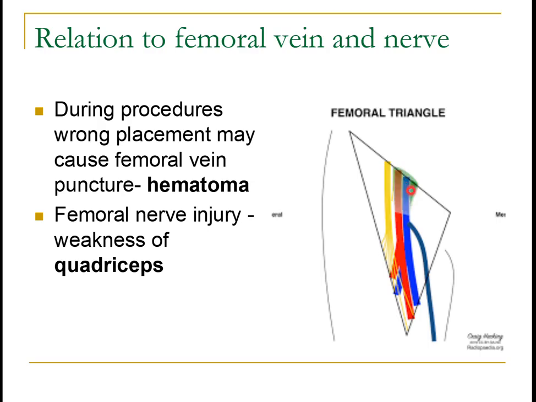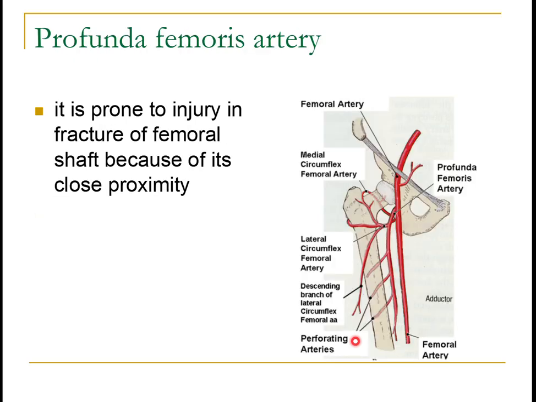So the femoral vein is present medial to the femoral artery, whereas the femoral nerve is present lateral to the femoral artery. If there is an injury to the femoral vein, this can result in hematoma, whereas if there is an injury to the femoral nerve, this can result in weakness of the quadriceps femoris, because the femoral nerve supplies the quadriceps femoris.